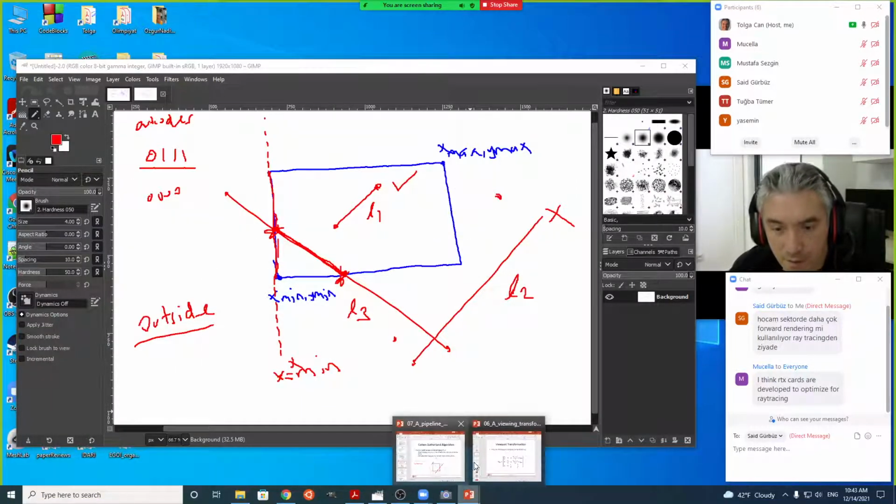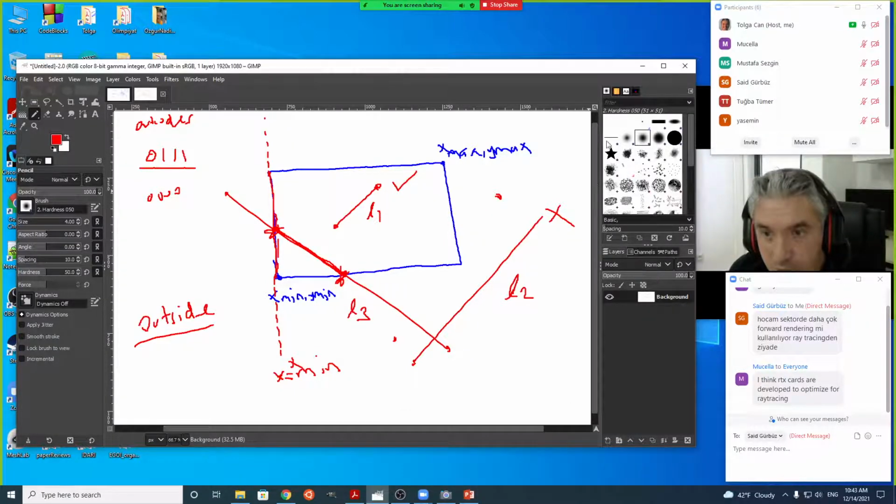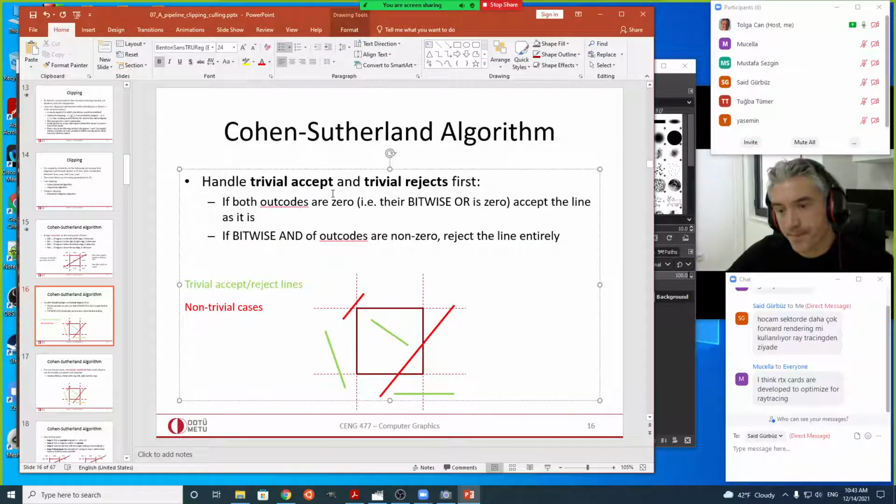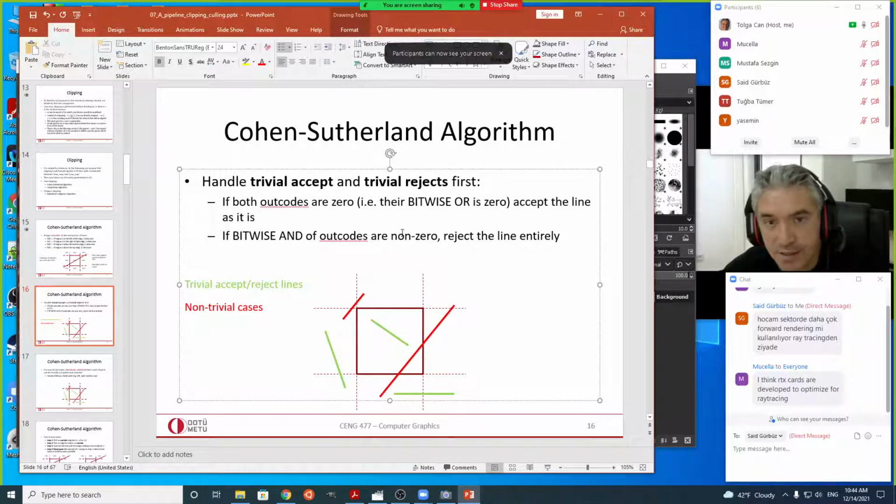Okay, so we were talking about the Cohen-Sutherland algorithm, and these outcodes allow us to do trivial accepts and trivial rejects.